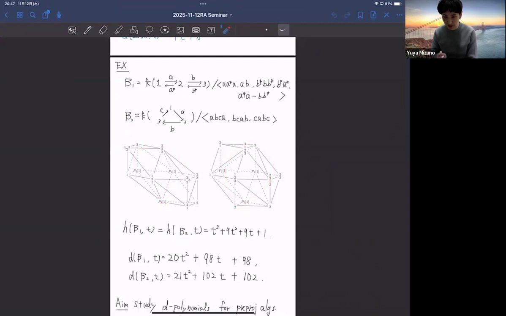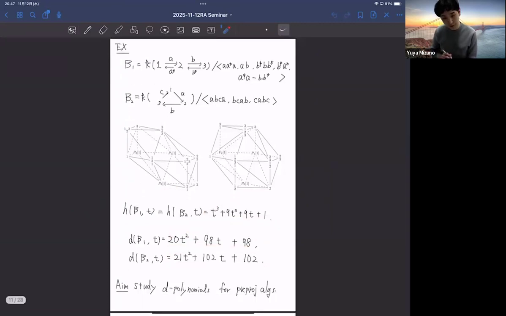As you see, the shape is different. Nonetheless, sometimes they give the same f-polynomials and so the same h-polynomials. So in this case, they are different, but their h-polynomials are the same. On the other hand, if we calculate the d-polynomial, we get different polynomials. So in this sense, the notion of d-polynomial focuses on more homological quantities.